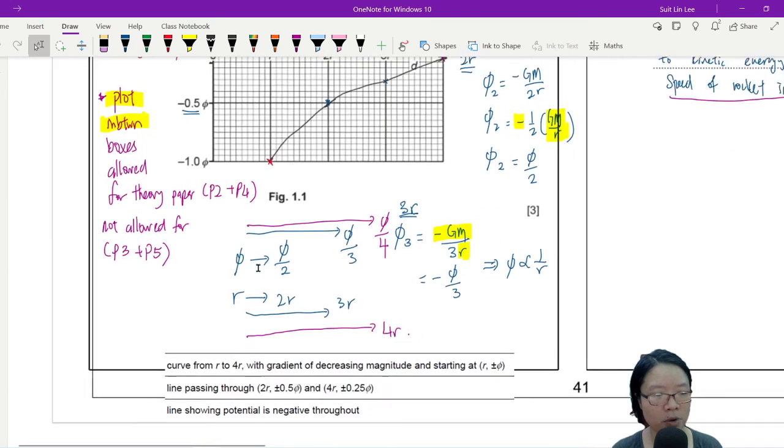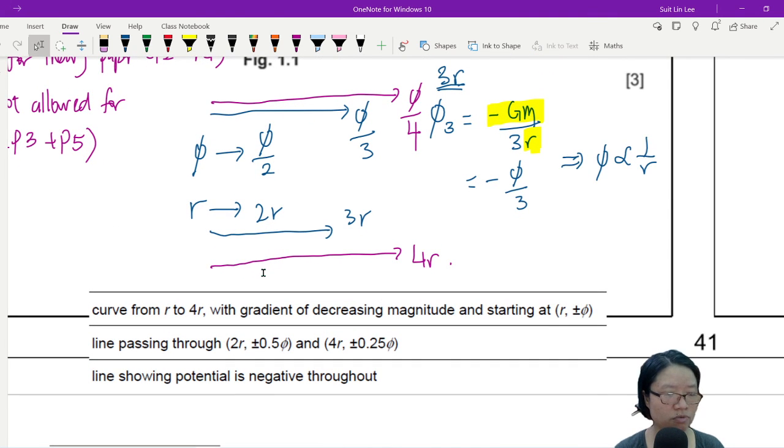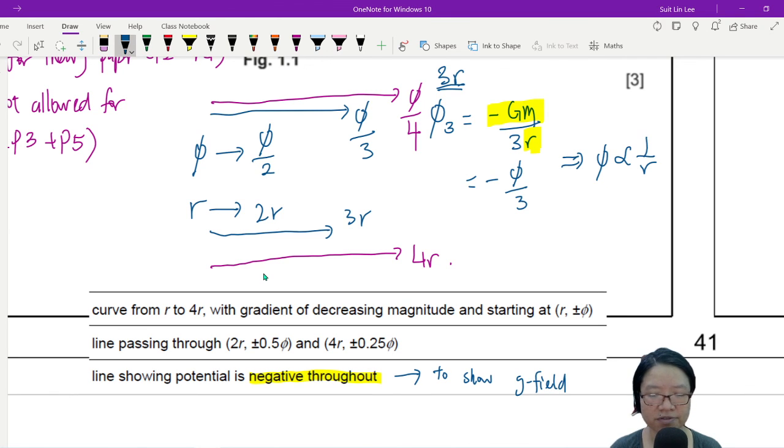And the reason why potential is negative is important, because this shows that gravity is attractive. It's a very important property of gravity that it has to be shown inside the graph. So this is to show the g field as attractive.